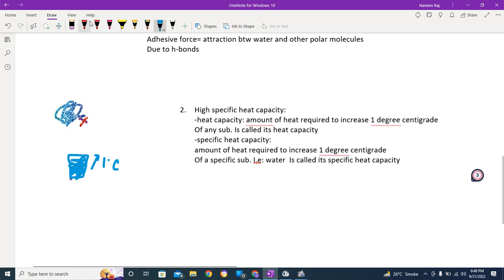Water has a high specific heat capacity. Water needs a large amount of energy to increase its temperature by 1 degree centigrade. Raising the temperature by 1 degree centigrade requires around 1 calorie of energy, and that is equal to 4.18 joules.